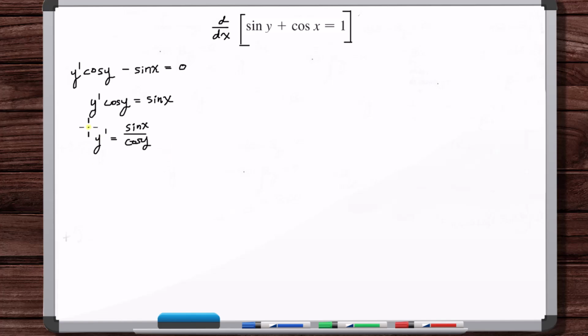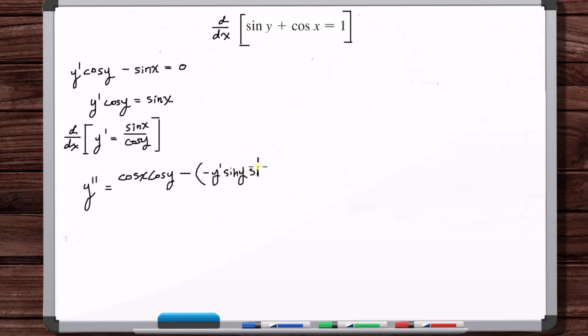Okay, so now let's take the derivative again. We've got y double prime is equal to, so the quotient rule, derivative of the top times the bottom minus the derivative of the bottom, minus sine y, so it's going to be minus y prime sine of y, right?